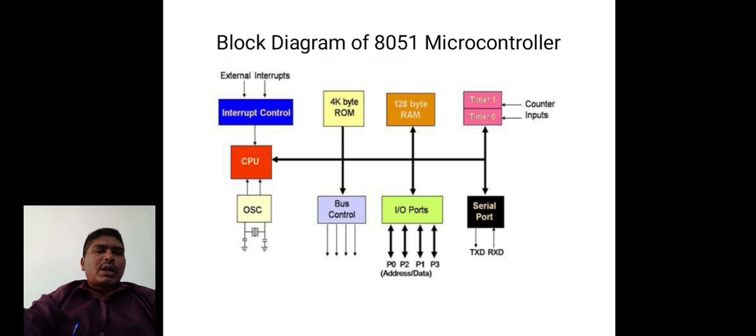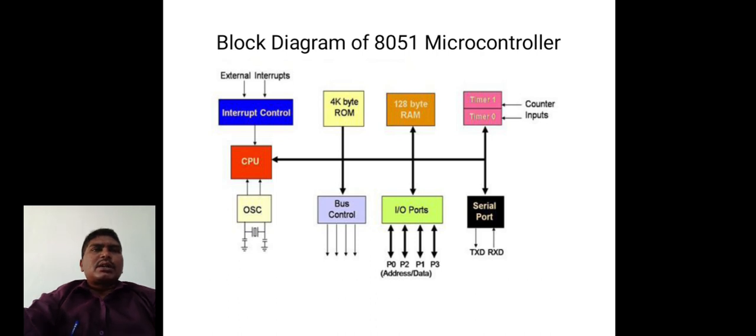One more block we left out is the serial port, but before that we are going to discuss the input output ports. There are totally 4 ports: P0, P1, P2 and P3. Out of these, P0 and P2 have address and data lines.